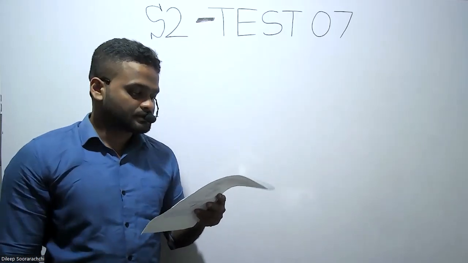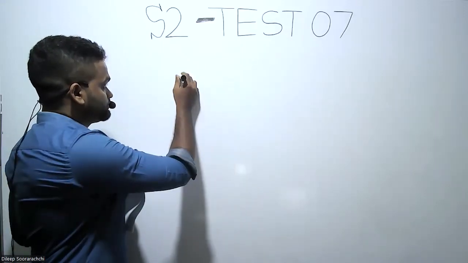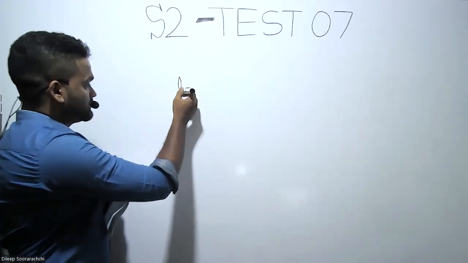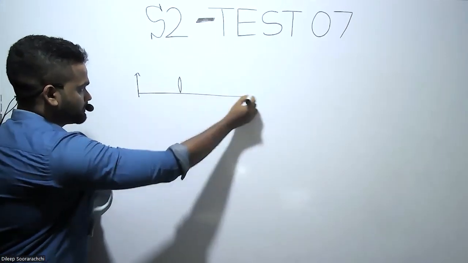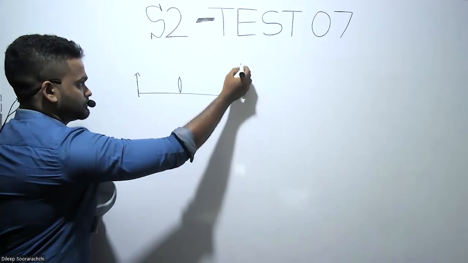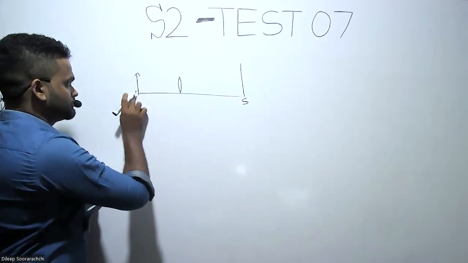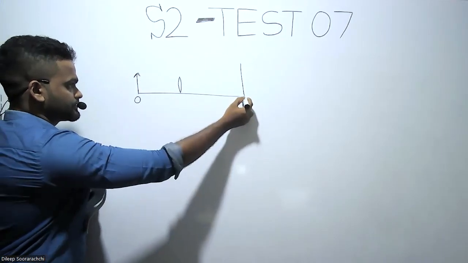Okay, a convex lens is placed between an object and a screen. So the convex lens, the object, and the screen. This is the object, this is the screen.